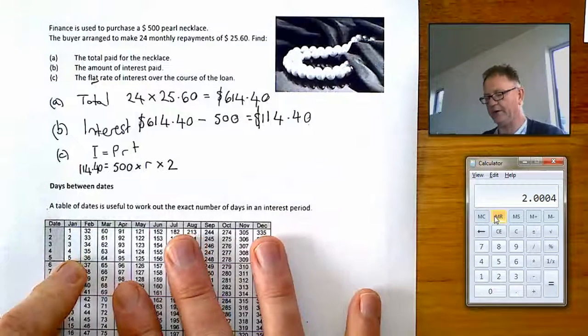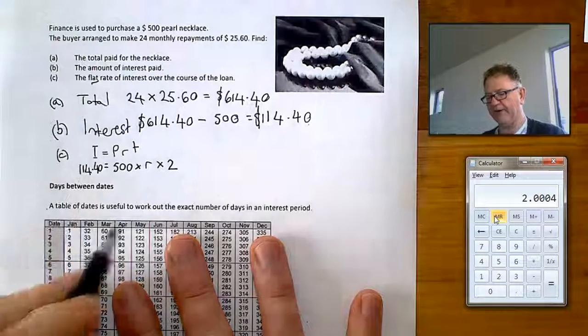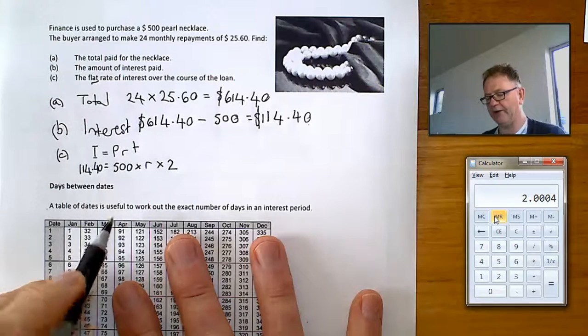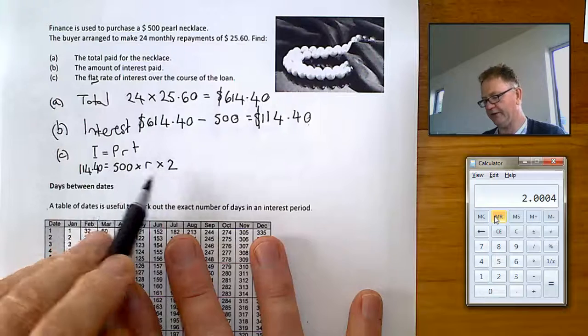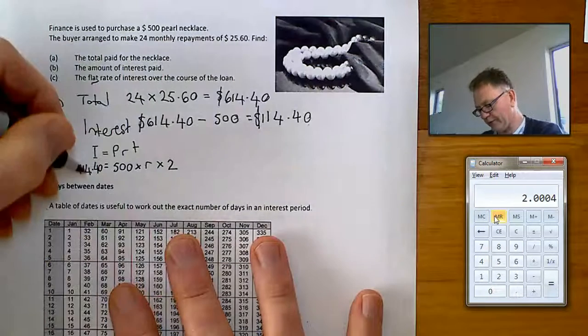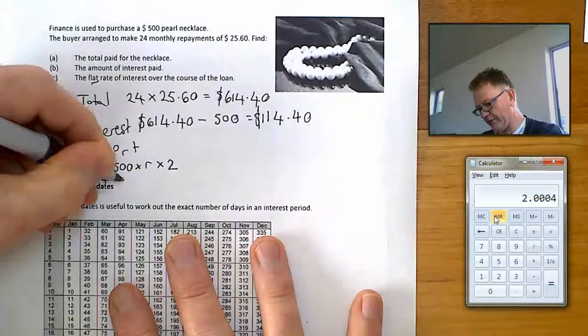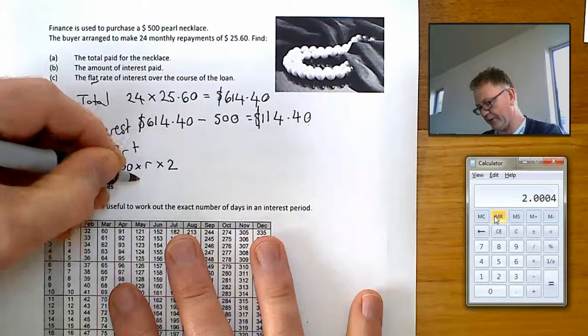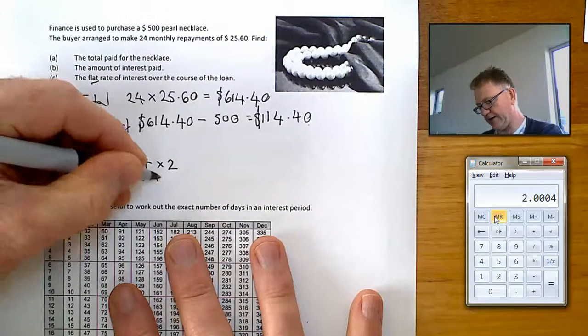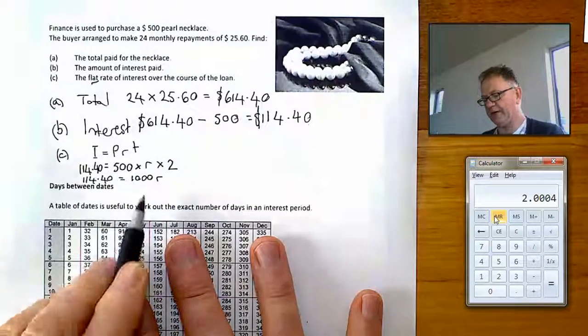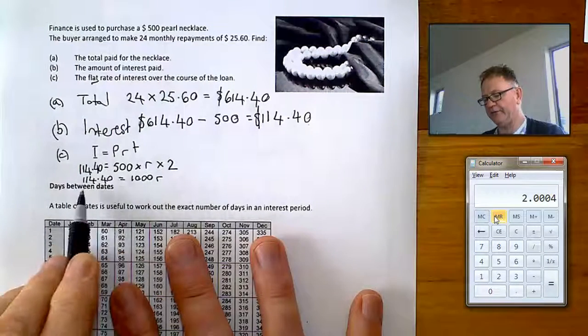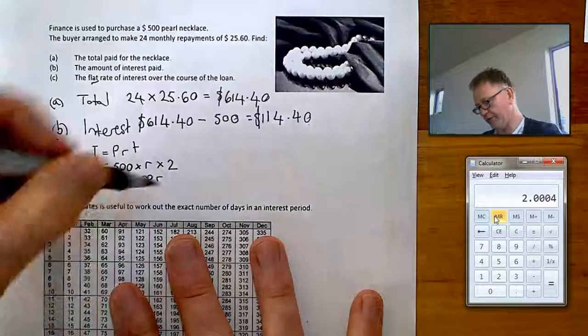And we have to rearrange this equation here to work out what R is. First step, combine these two together. So 114.40 equals 500 times 2 is 1,000 times R. Now I can get R by itself by dividing both sides by 1,000.